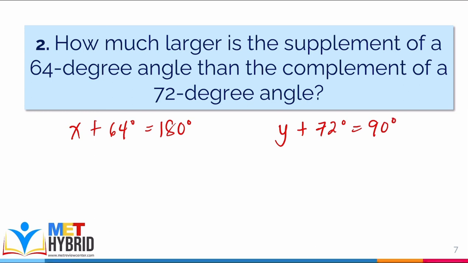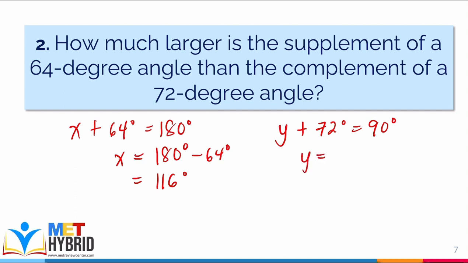To solve for both x and y, we simply transpose 64 and 72. So x equals 180 degrees minus 64 degrees. This will result to 116 degrees.